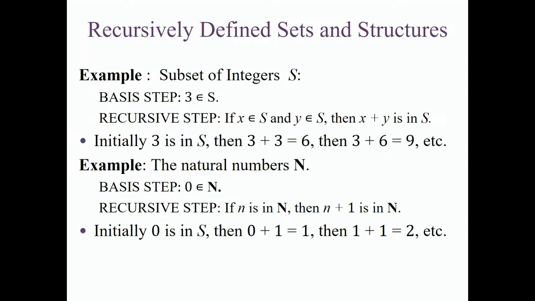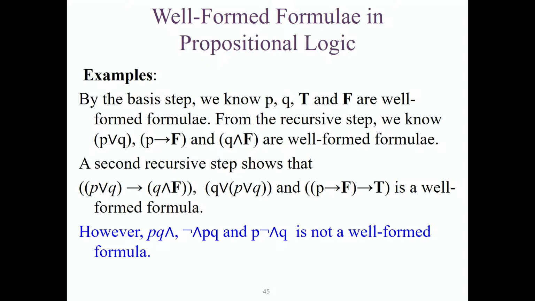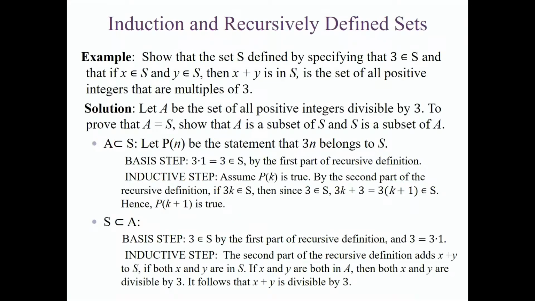Okay, so let's see this example. Once we have such a set S, we can prove that this set is the set of all positive integers that are multiples of 3, because we have seen 3, 6, 9, 12.